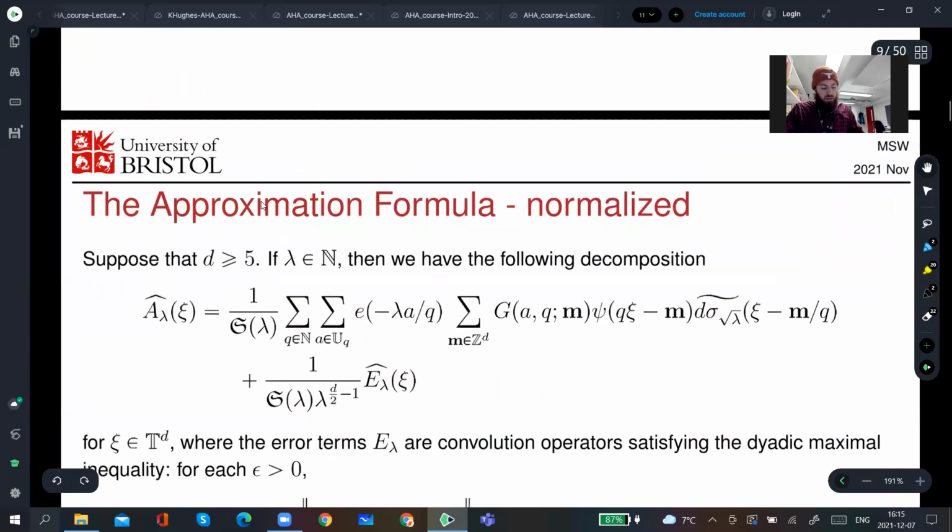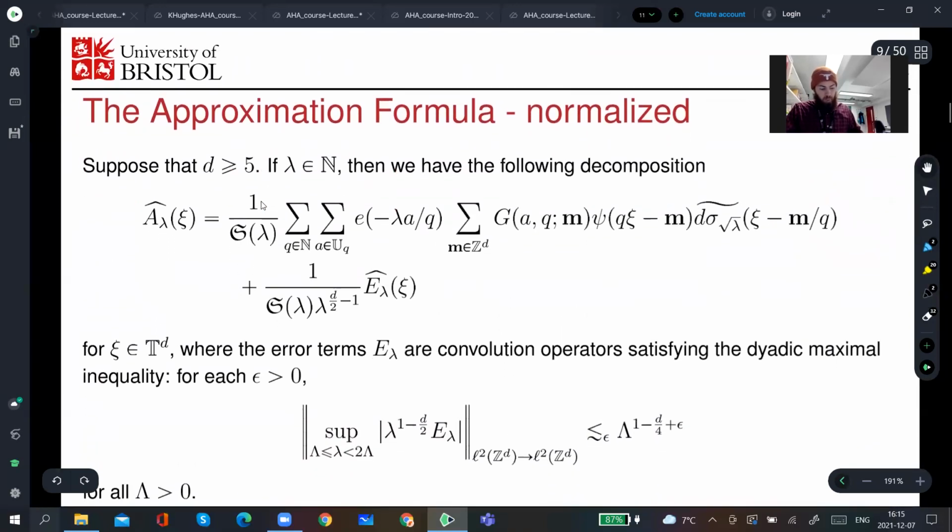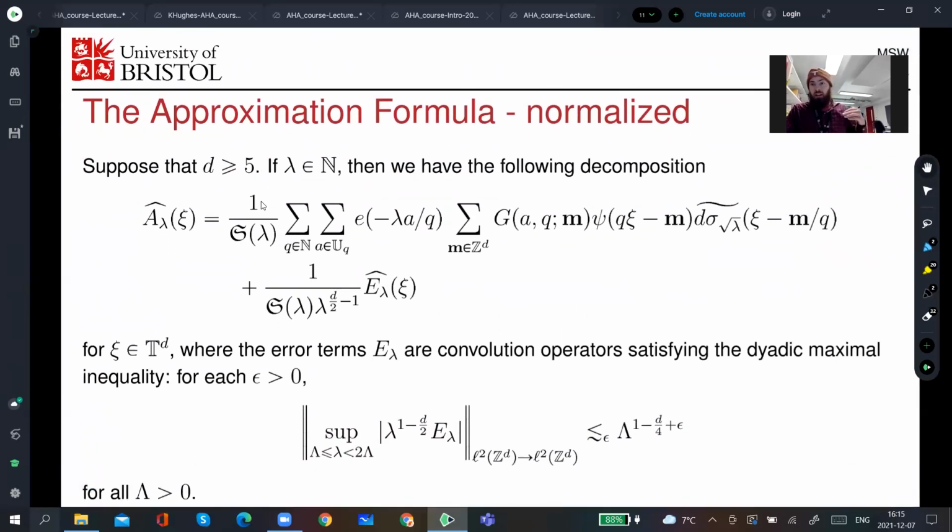So we need to renormalize this, actually. That was for the indicator function on the set of integer points on the sphere of radius root lambda. Now we need to adapt this to the averages, so we can actually talk about what the averages are doing. To do that, all we actually do is divide by the number of points on the sphere of radius square root lambda.